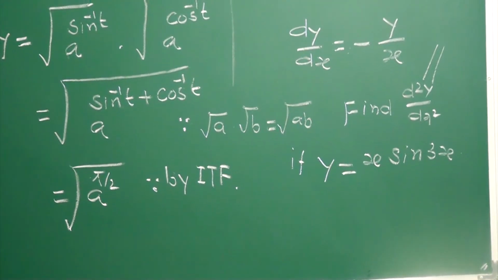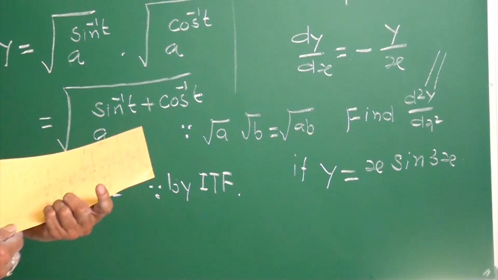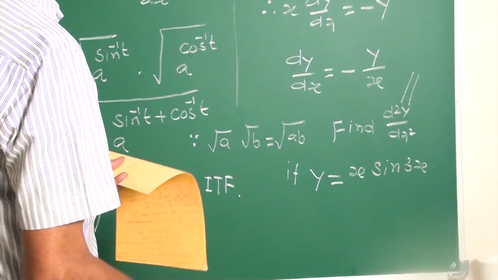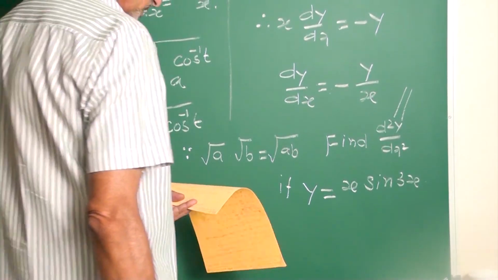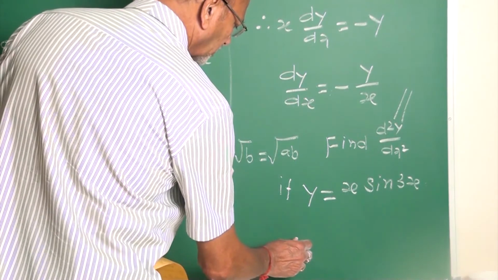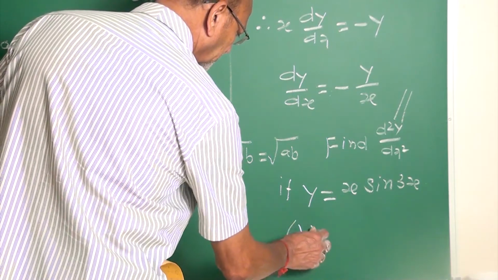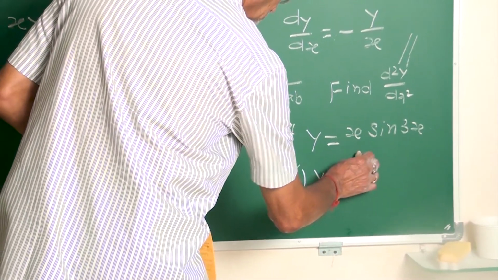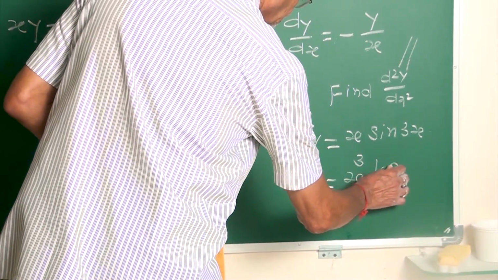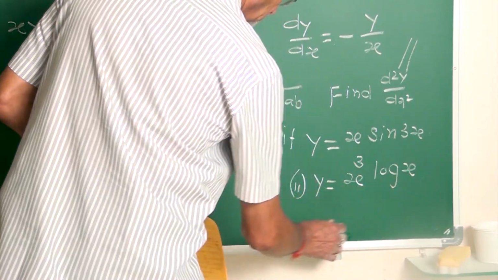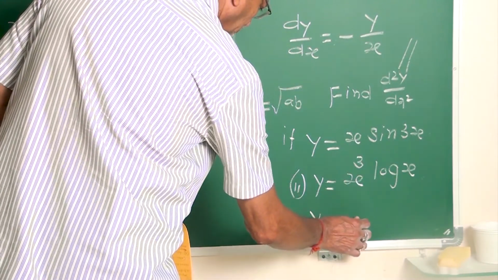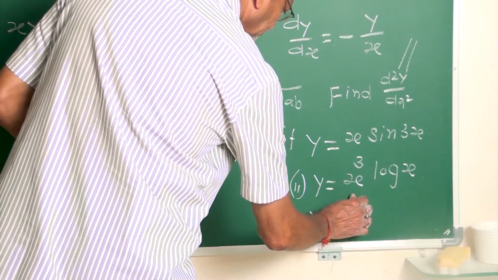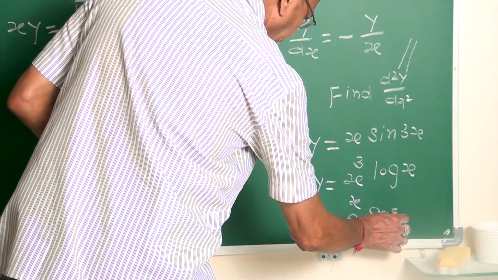Second, y equals x cube log x. If you want one more, it is e to the power x into cos 3x.